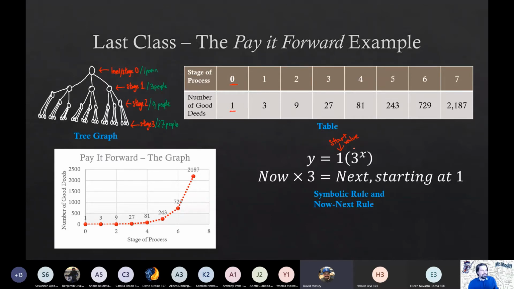Then we have the rate of change, which in this case is 3, right? And we see that as that number that we multiply by each time to get from one number to the next.